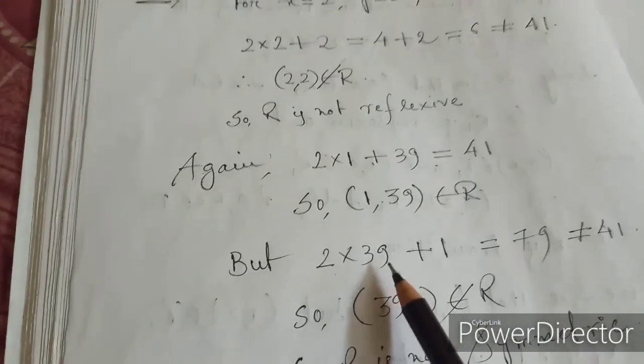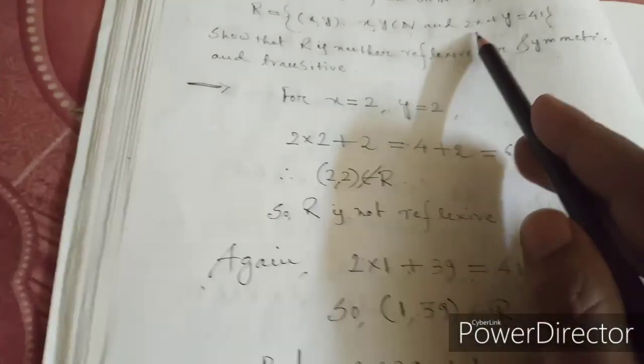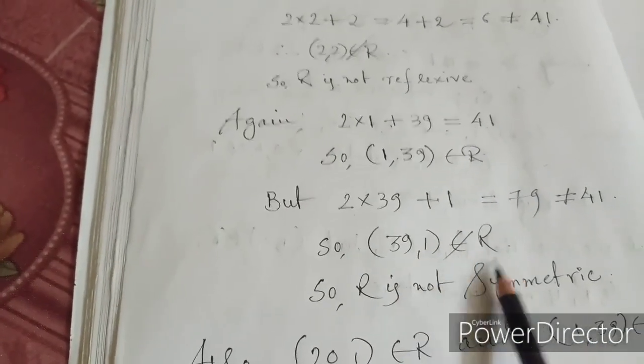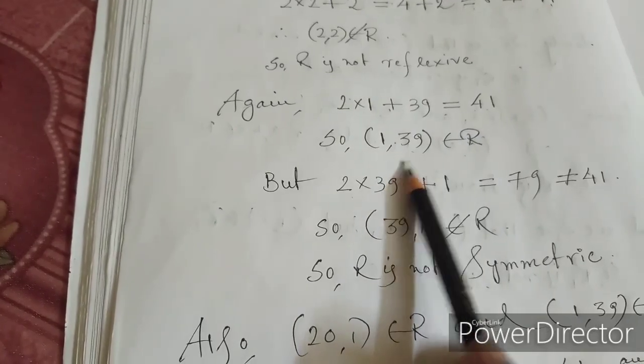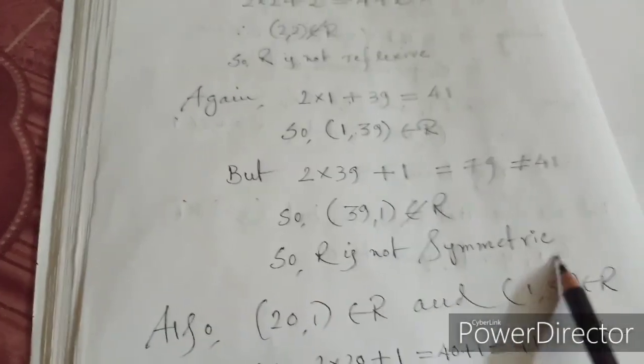So (39,1) doesn't belong to R. Here we see that (1,39) belongs to R, but (39,1) doesn't belong to R. So R is not symmetric.